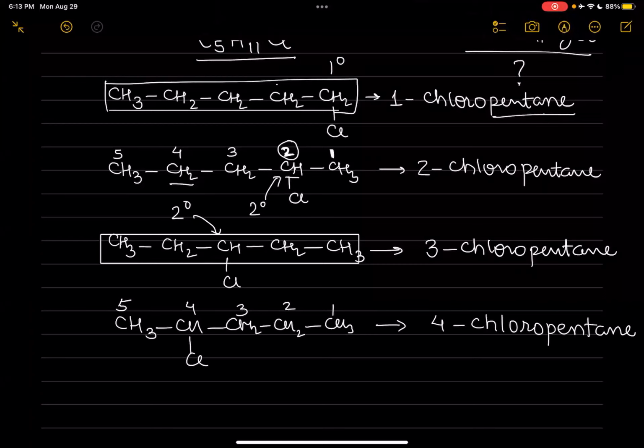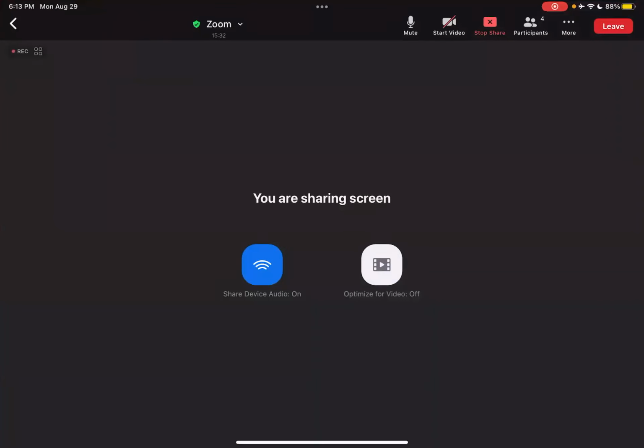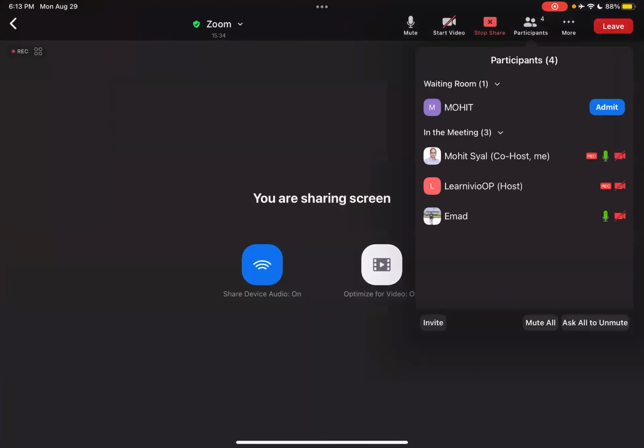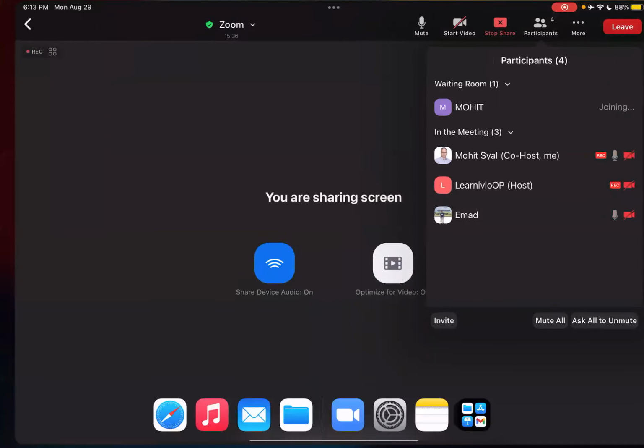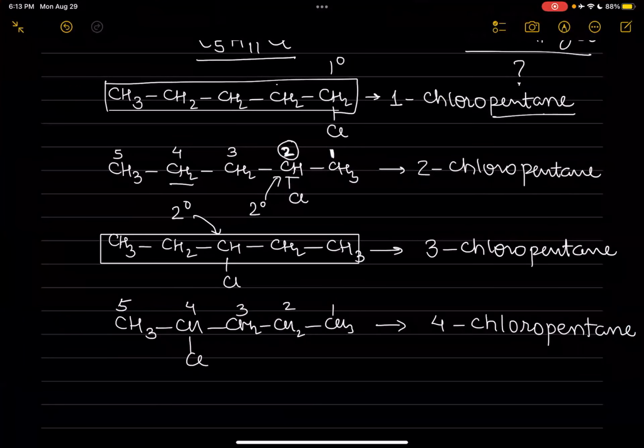Suppose someone says this is 4-chloropentane. What's wrong with it? Why is it not correct? Because the second and fourth are not the same; they are different.